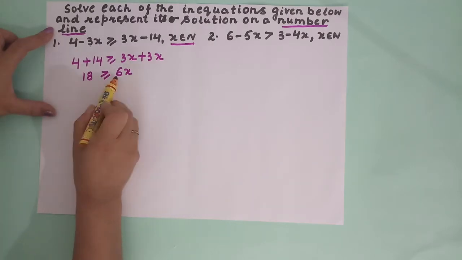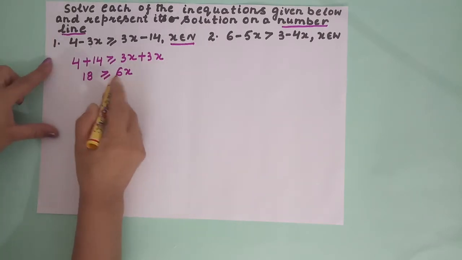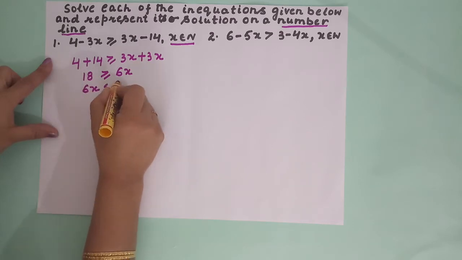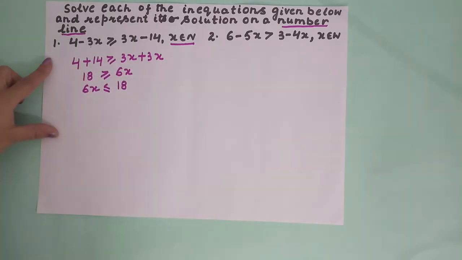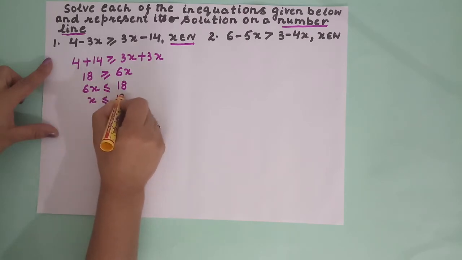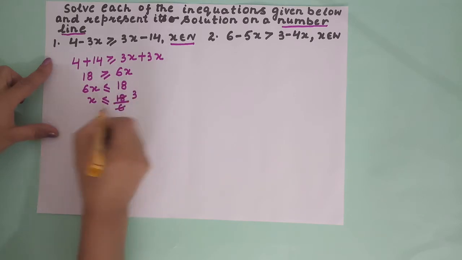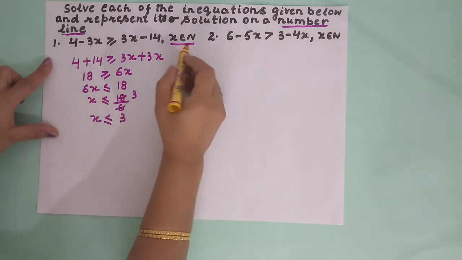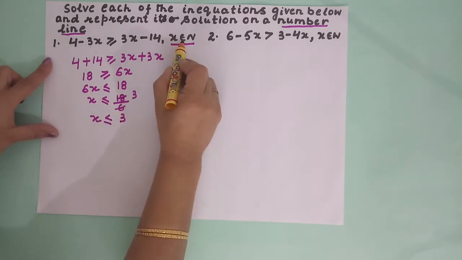So if 18 is greater or equal to 6x, does that mean 6x is less or equal to 18? Yes. Does that mean x is less or equal to 18 upon 6? 6 threes are 18. So the value of x is less or equal to 3, and at the same time x is a natural number.